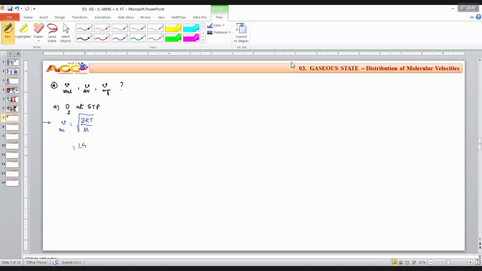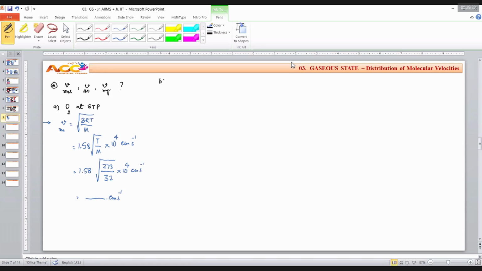What was that? 1.58 under root T by M into 10 power 4 centimeters per second. Remember this point. Come on. How to proceed? 1.58 under root T. What is T? Sir, STP, 273, by molecular mass 32, into 10 power 4. Right? Simply write down this much. When I complete the whole story, you do the calculations at home later on. No problem. This is the first type of problem.